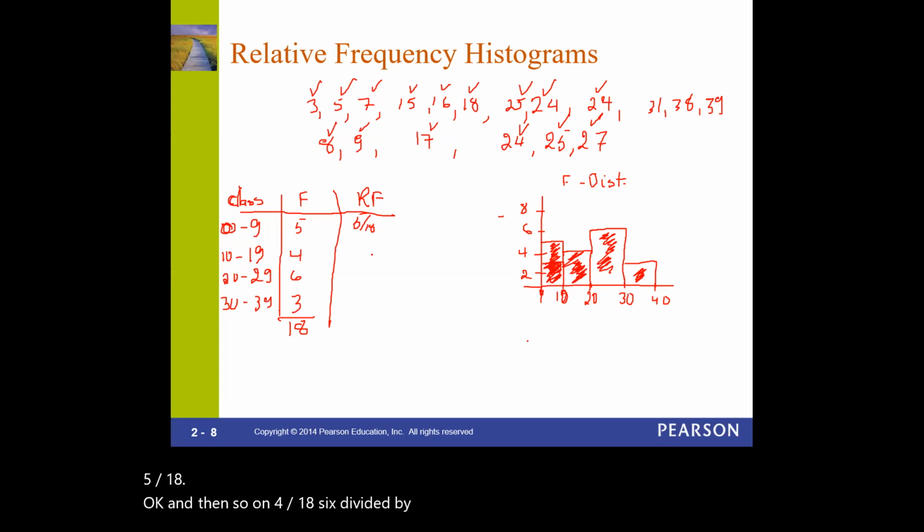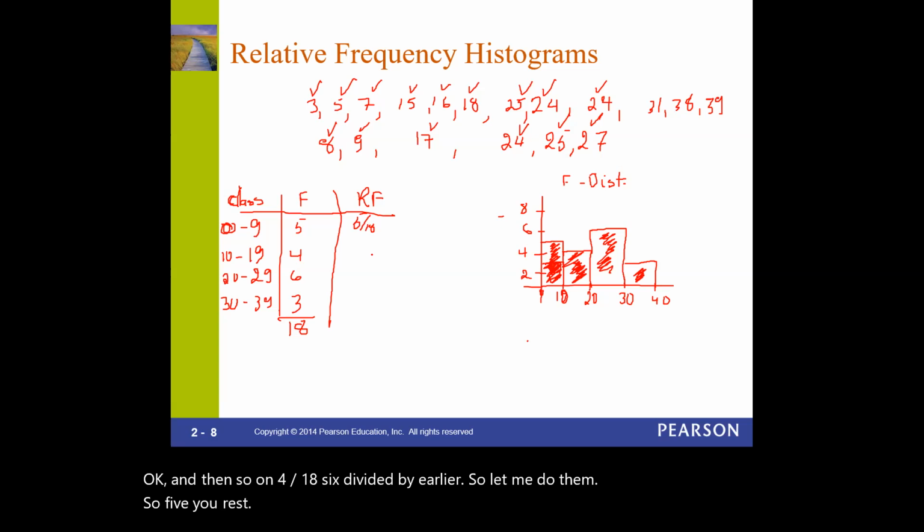So let me do them. 5 divided by 18 is going to be 0.278. Excuse my handwriting, 0.278.